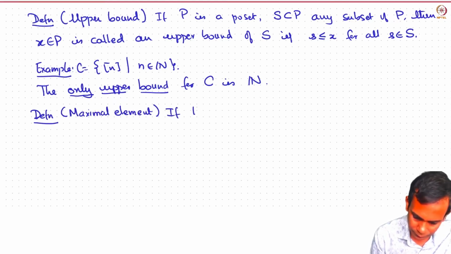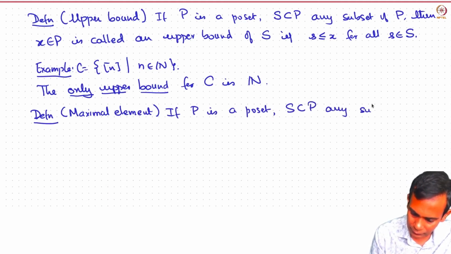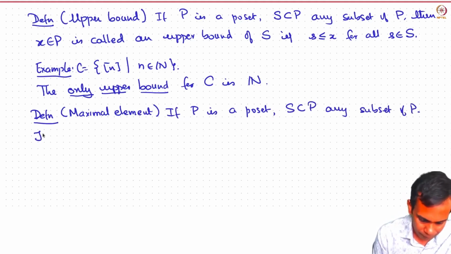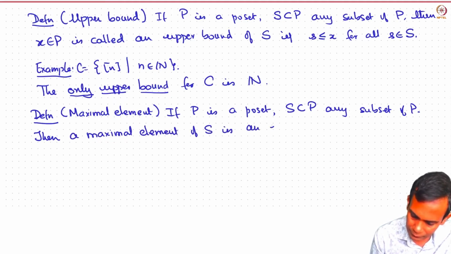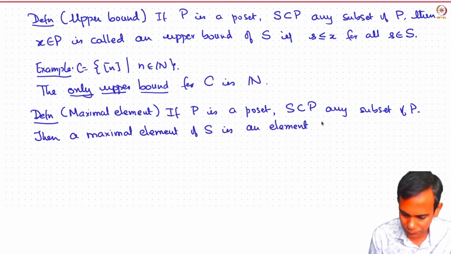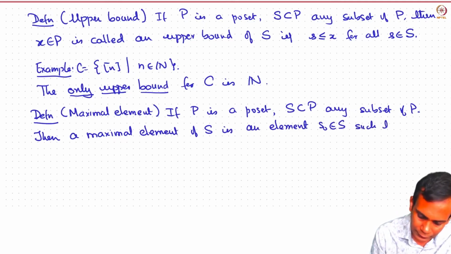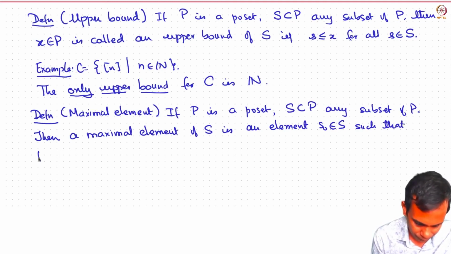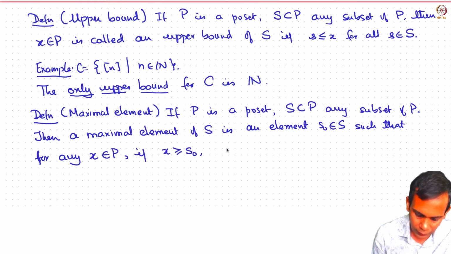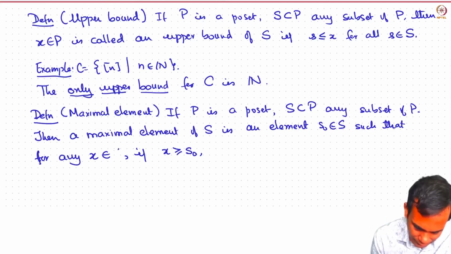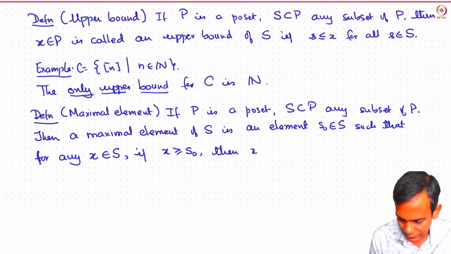If P is a poset, S any subset, then a maximal element of S is an element s0 in S such that for any x in S, if x is greater than or equal to s0, then x is equal to s0.